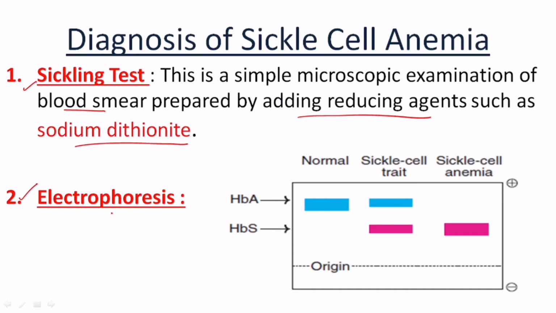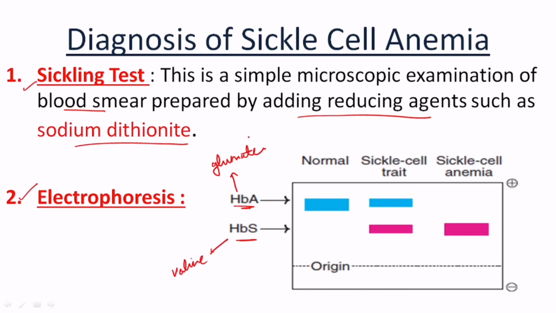The second is the electrophoresis. So in electrophoresis, the alkaline medium is prepared, and then this is the hemoglobin A, this is the hemoglobin S. So in the hemoglobin A, we know that glutamate is present, and in the hemoglobin S, valine is present.